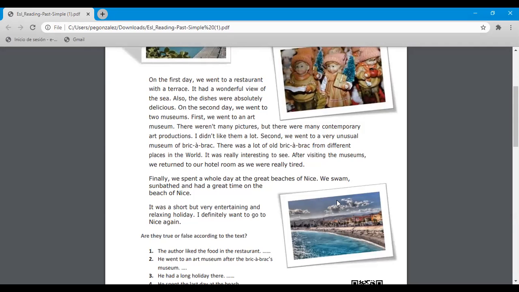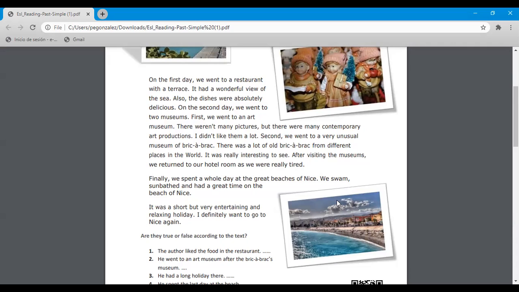On the first true or false exercise, it says that the author liked the food in the restaurant. Is that true or false? What do you think? True or false? He liked the food?